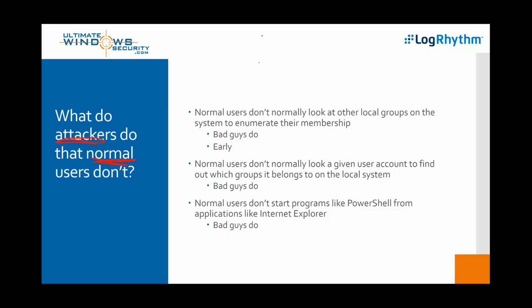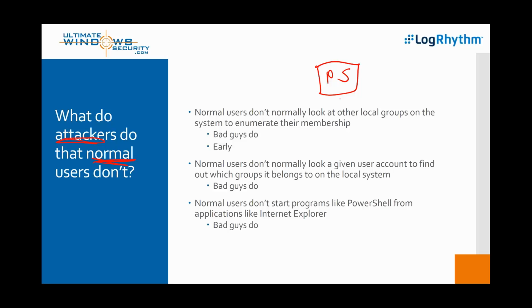Also, another important thing is looking at process lineage. By that I mean, when we see a program run, it's useful to know what program started that program. Because, for instance, Bob running PowerShell, that's one thing.